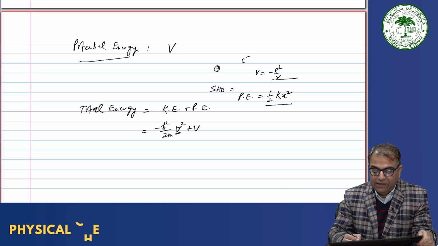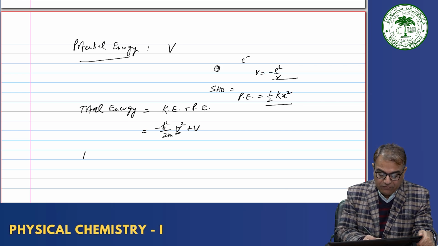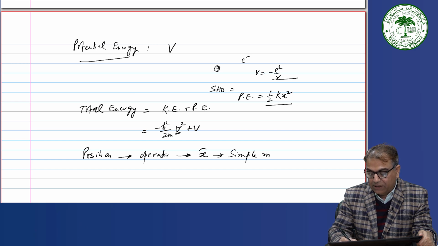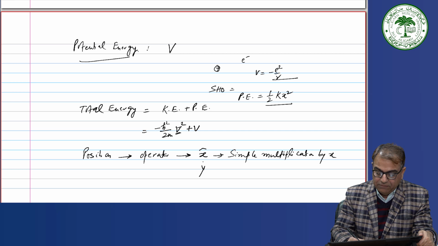Okay. And if for position, the operator is x, means simple multiplication by x, nothing else. Okay. So, for a y component it will be like this one, for a z component it will be this one, for a radial system it will be this one.